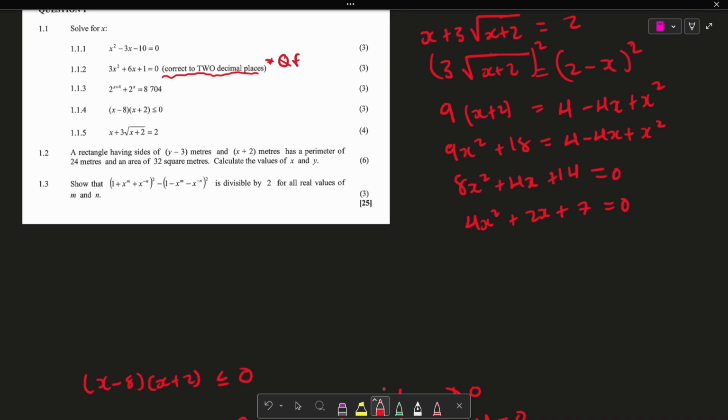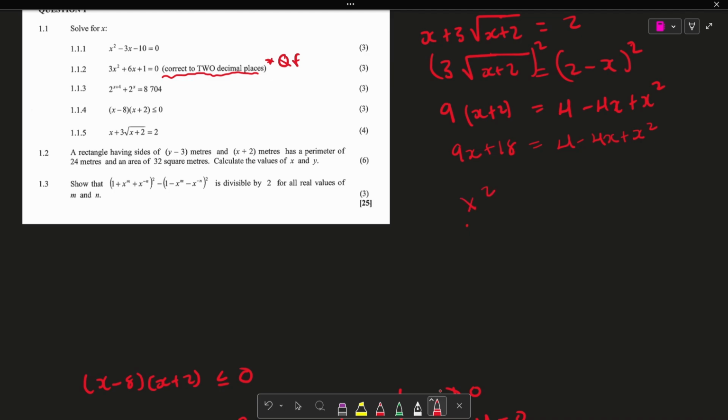Oh no, no. I see. I actually made my mistake here because I was wondering why it is not working out. So this is 9x plus 18 is equal to 4 minus 4x plus x squared. Yeah, so the mistake was here.